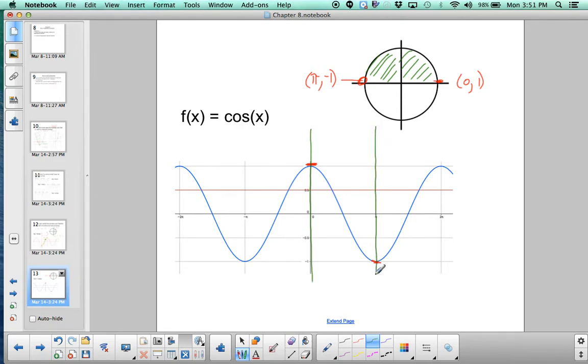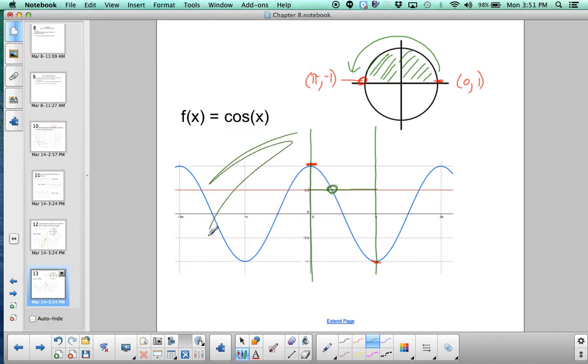And again, that's a half a period, so that's just moving from here to here, a half period. But it is going to take on all of the possible values there within that half period. And in here it is going to pass the horizontal line test, only touching at one point.